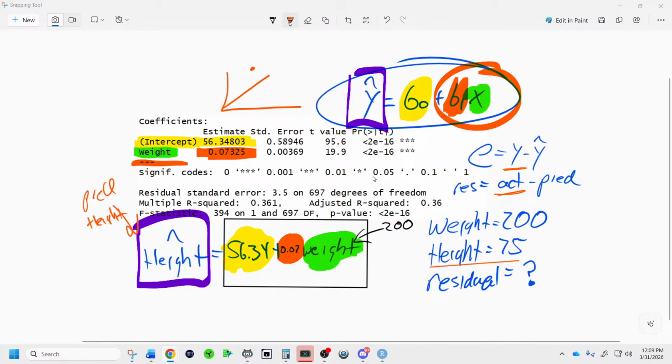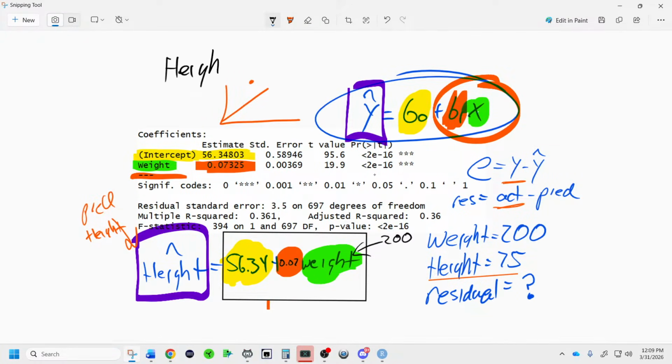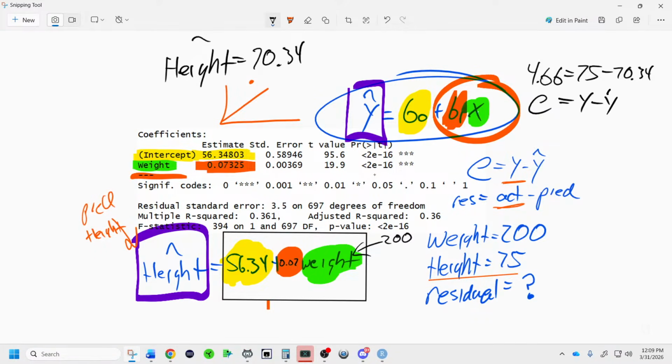So you notice this is Brian's predicted height. The height predicted for Brian is 70.34. Now you merely plug in these values. My residual of 4.66 is equal to 75 minus 70.34, because residual equals my actual height minus my predicted height.